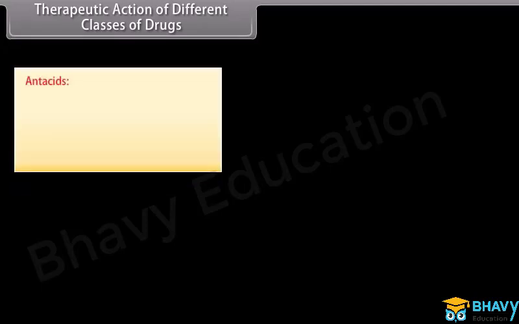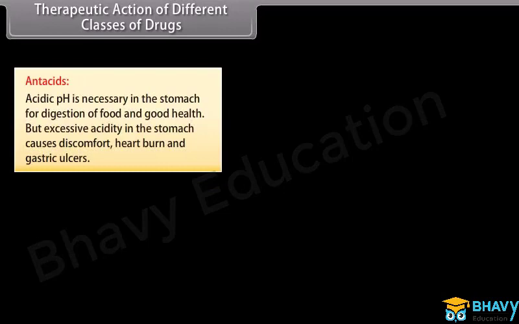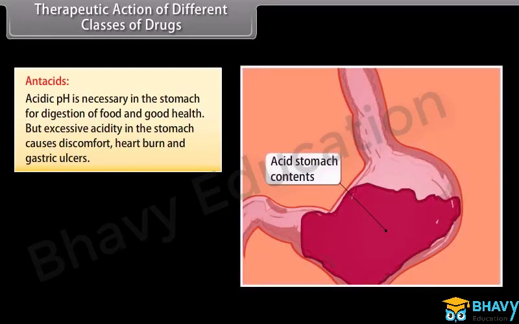Therapeutic action of different classes of drugs. Now we'll discuss the therapeutic action of a few important classes of drugs. Antacids. Acidic pH is necessary in the stomach for digestion of food and good health. But excessive acidity in the stomach causes discomfort, heartburn, and gastric ulcers.